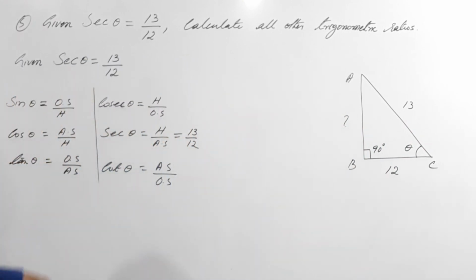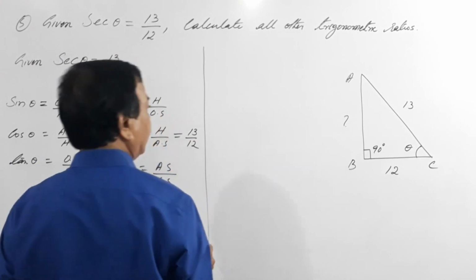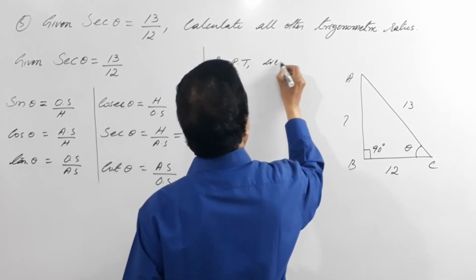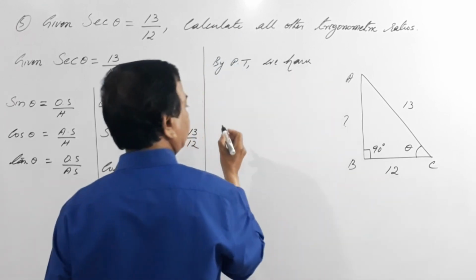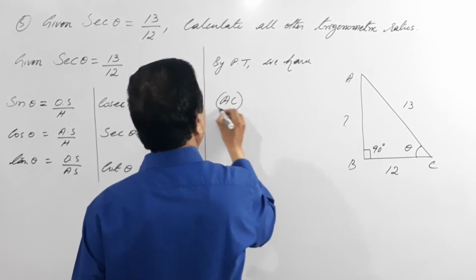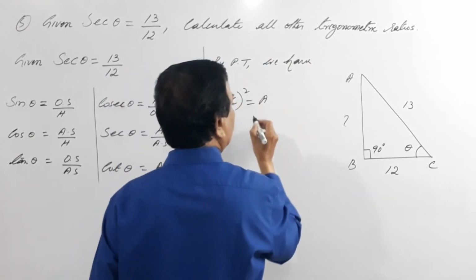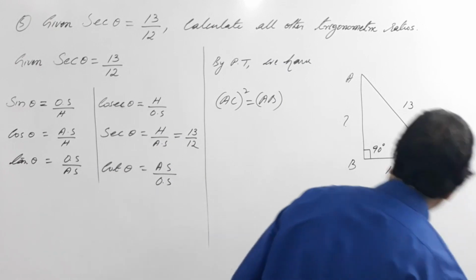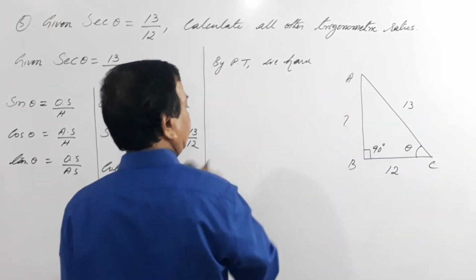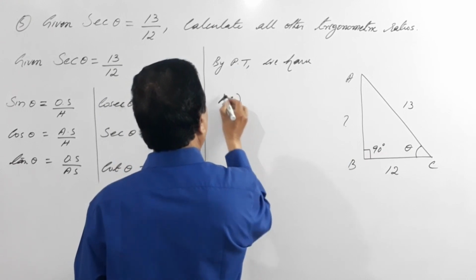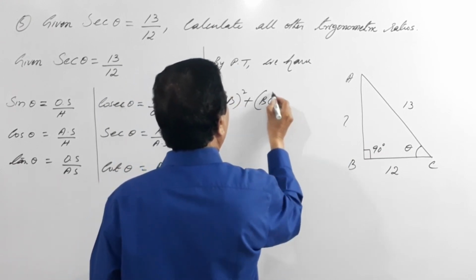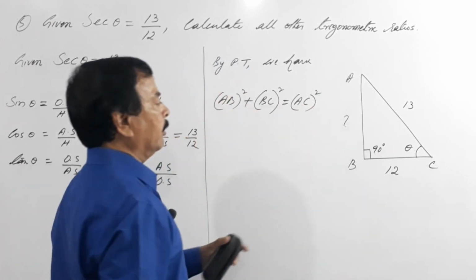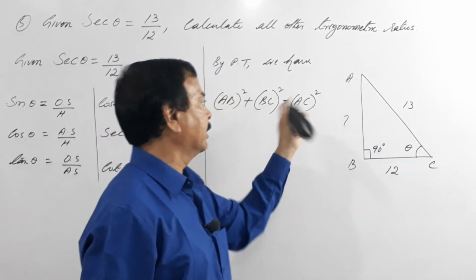So know this much. By using the Pythagoras theorem, we have AC square equals AB square plus BC square. Writing it as AB square plus BC square equals AC square, correct? Because it's easy to subtract, that's why I changed the sign.